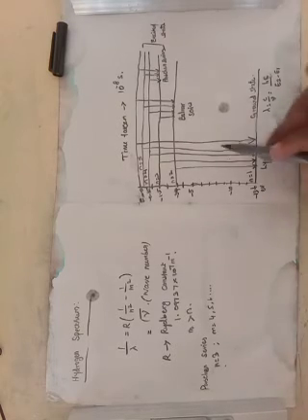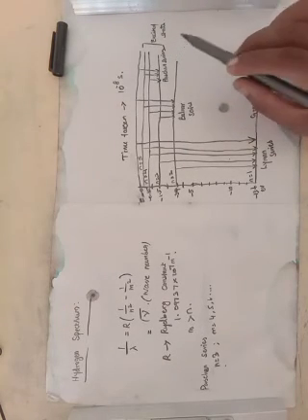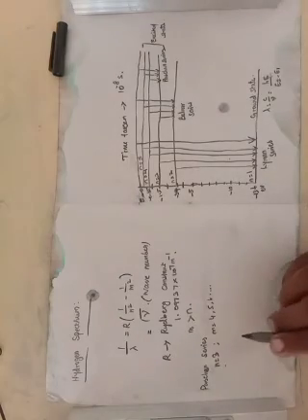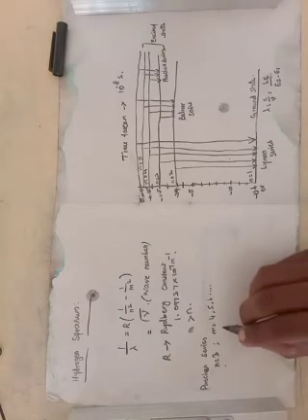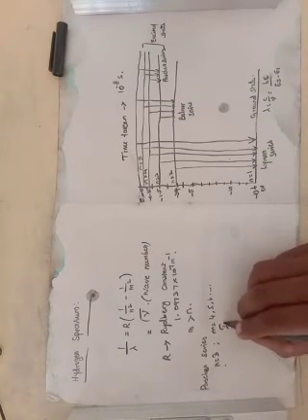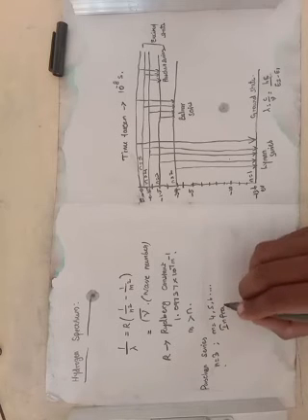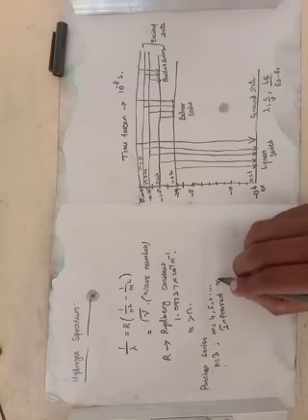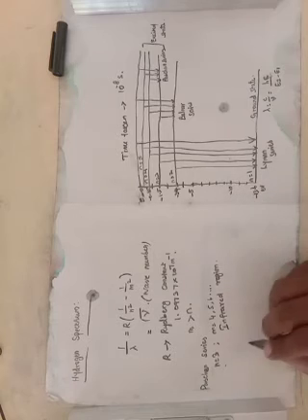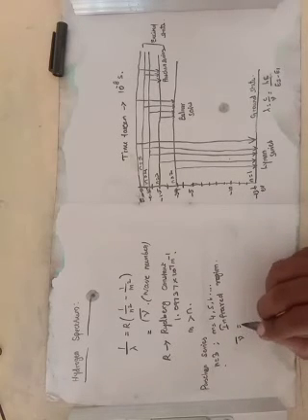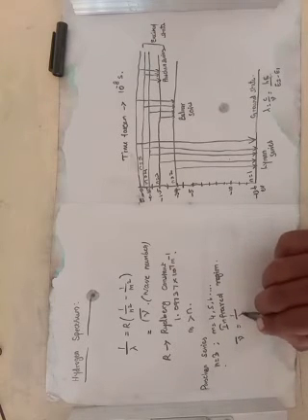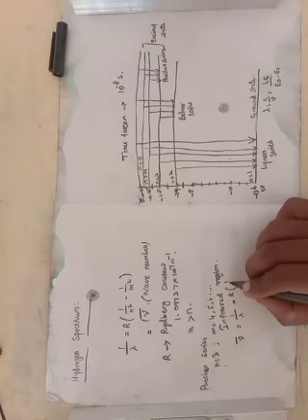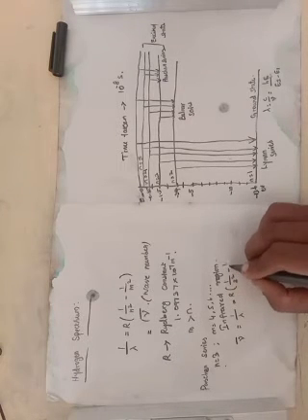The wave number or wavelength of the spectral lines lies in the infrared region of electromagnetic radiation. The wave number nu bar is equal to 1 divided by lambda, equal to R into 1 divided by 3 square minus 1 divided by m square.